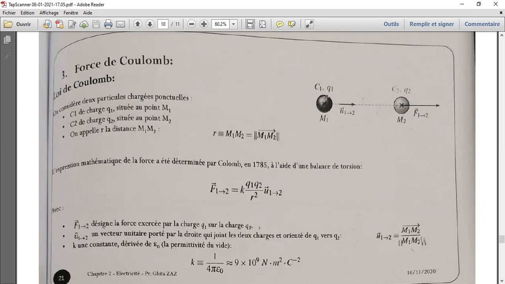In other terms, Q1 is causing an effect on charge 2. Then you have the unit vector u from 1 to 2.